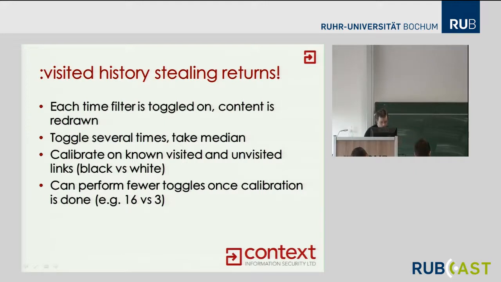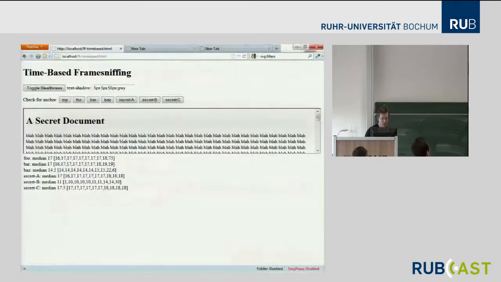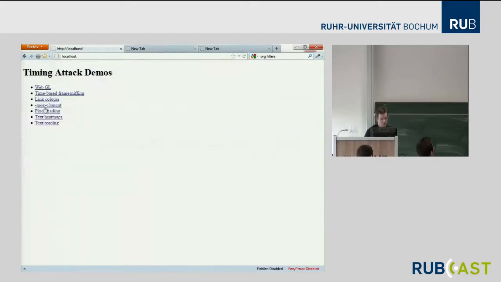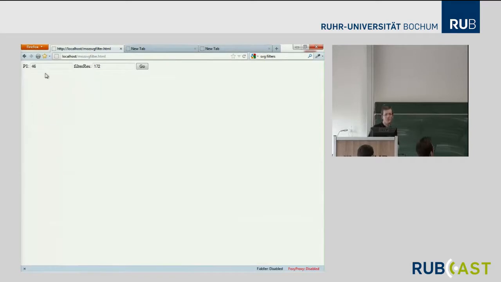So I have a demo of this, which will hopefully explain a bit better what I'm talking about. So, link colors. There's two things at the top here. This is a parameter that is passed to the filter, and the higher it is, the slower the filter will take to render.